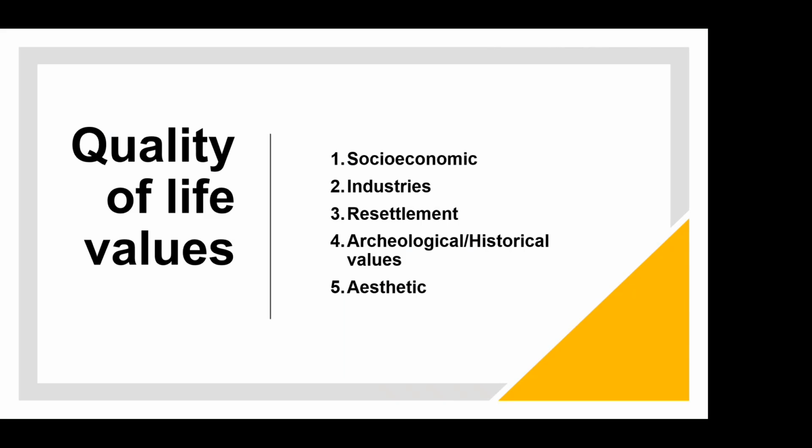Next part is about quality of life. In quality of life, there are a lot of indicators which you cannot ignore, but mainly I have considered those five which, according to my knowledge, are very important: socio-economic, industries, settlement, and of course the archaeological or historical values and aesthetics.